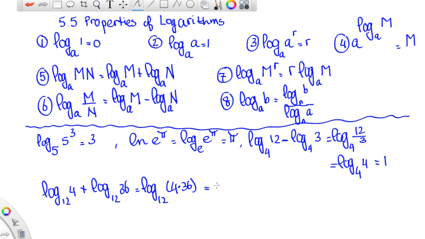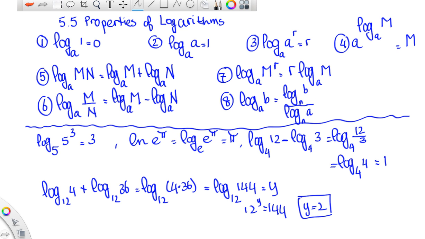And 4 times 36 is 144, I believe. Yep. And so that's asking you for the following, so let's just put the y here now. So 12 to the exponent of y is supposed to be 144. So that means y equals 2. So your answer here is that this thing is actually worth 2.